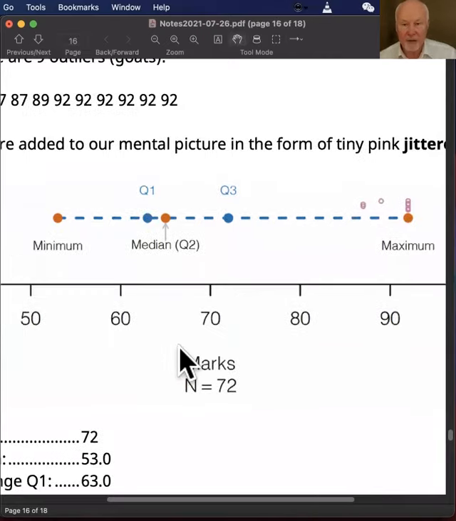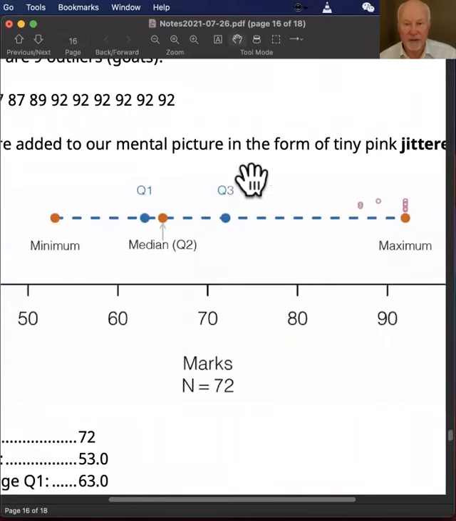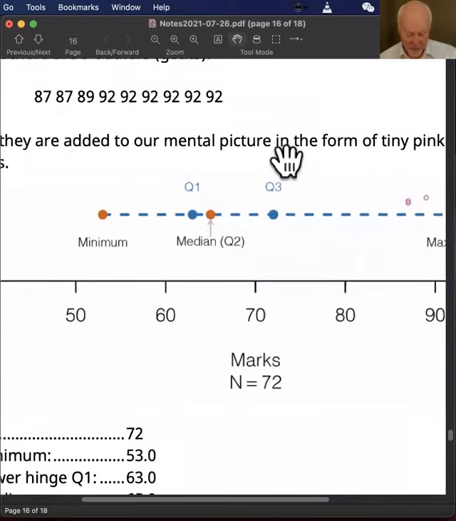Okay, so the fences themselves. One of them is at 49.5, so that's somewhere about there.